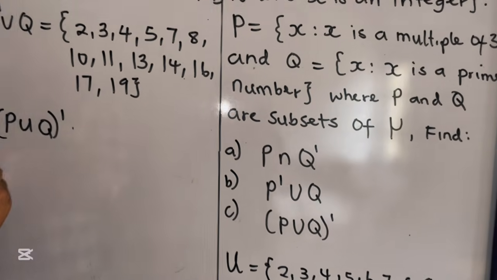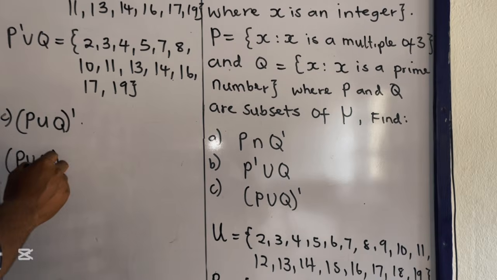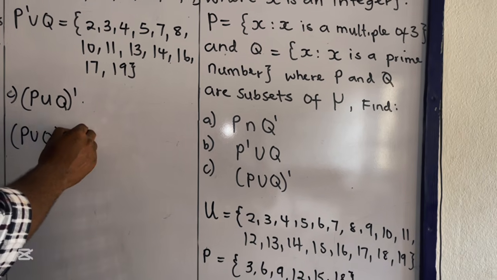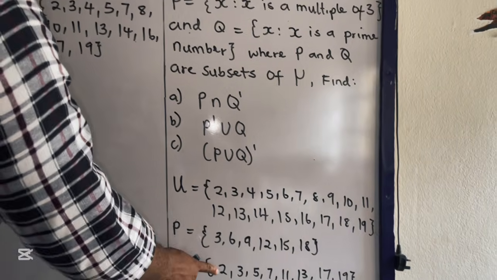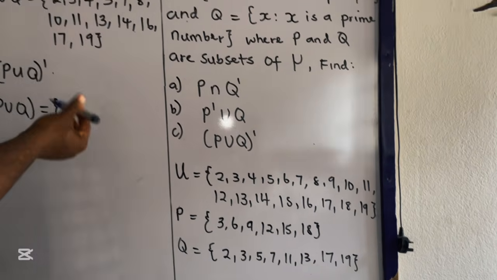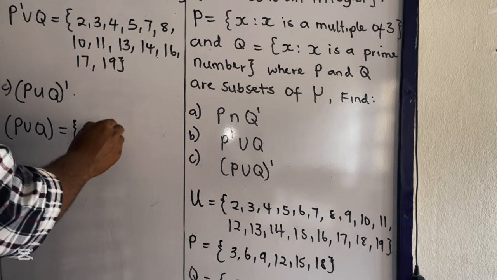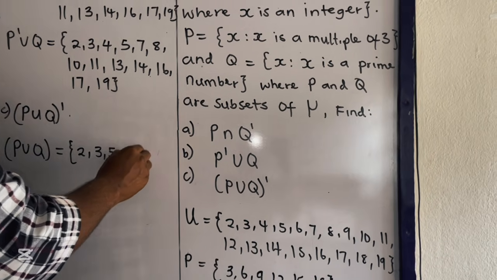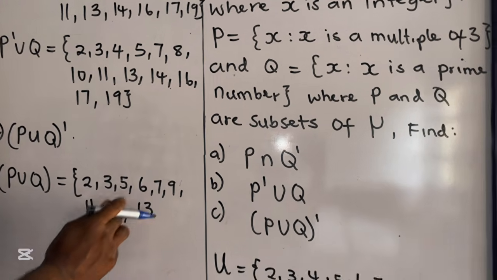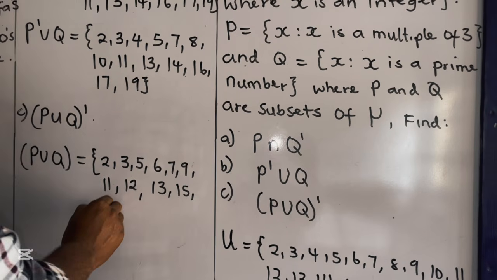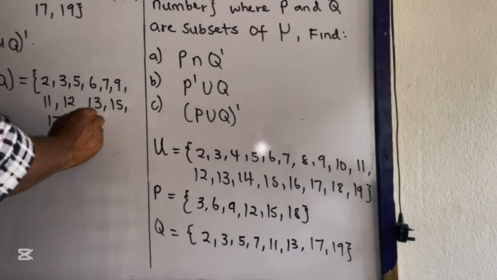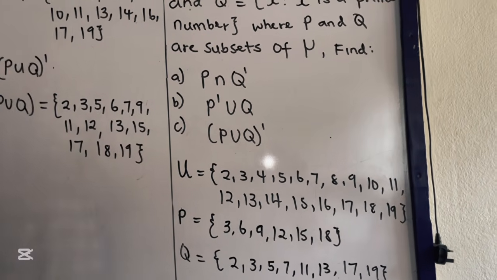Alright, so let's find out P union Q. The sets that are in P and also in Q. So let's compare P and Q. So we have 2, 3, 5, 6, 7, 9, 11, 12, 13, 15, 17, 18, and Q has 19. Alright, so that is the set P union Q.